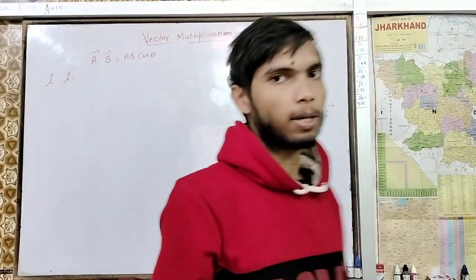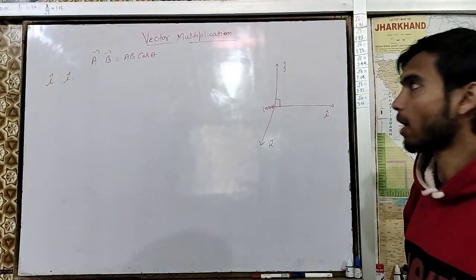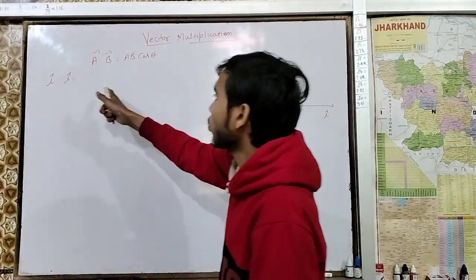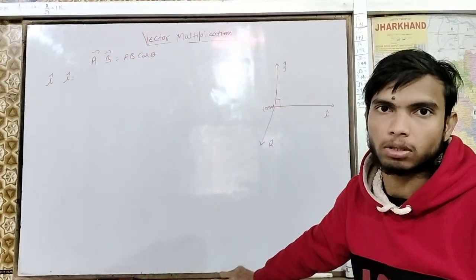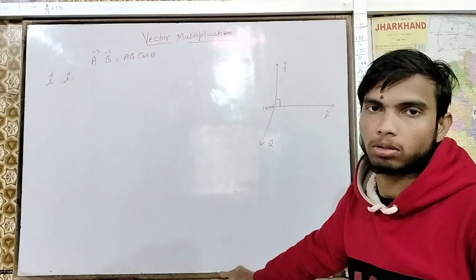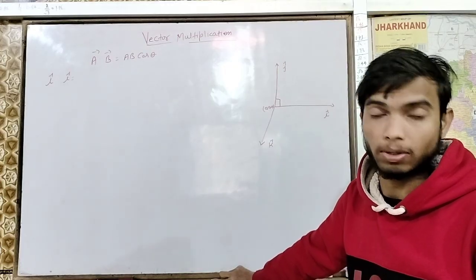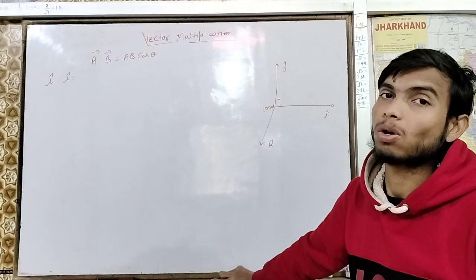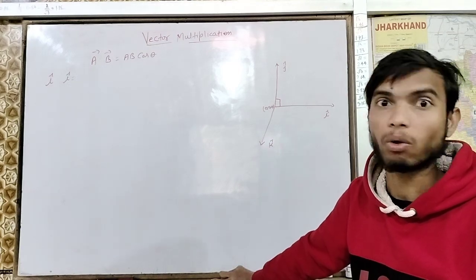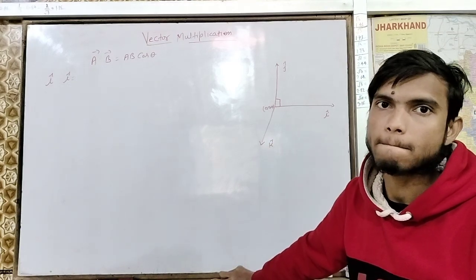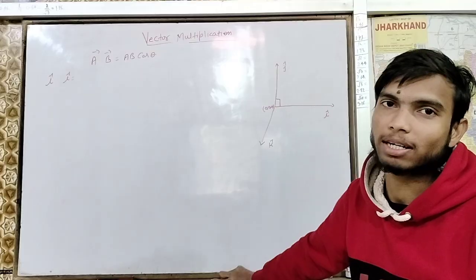What will be our result after multiplying these two vectors? Directly I can say 1. But what is the logic? How will 1 come? We will have to tell the reason.